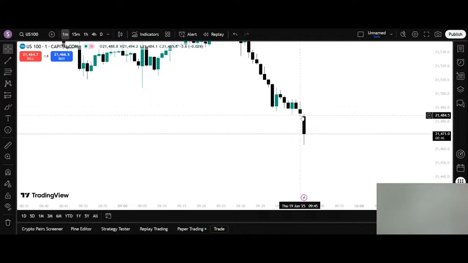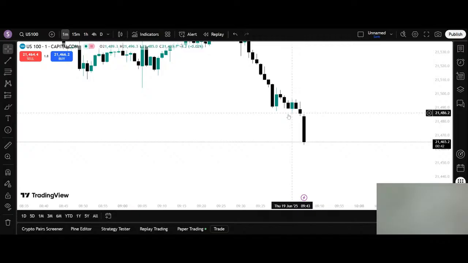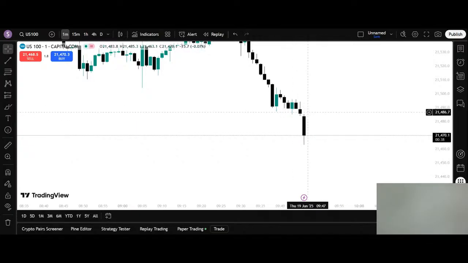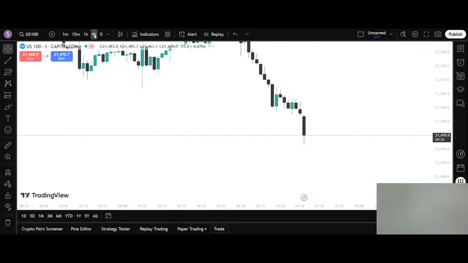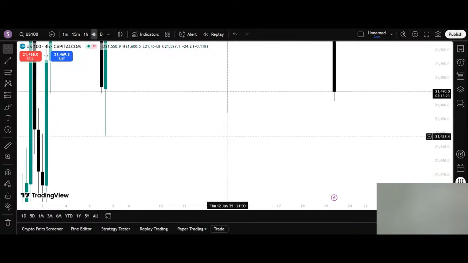There is a lot of volatility. We have another market structure shift here. This will also be an FVG. It hasn't taken our target yet, but to be honest, it's hard to find a good SL. What we can do is target down here at 438.